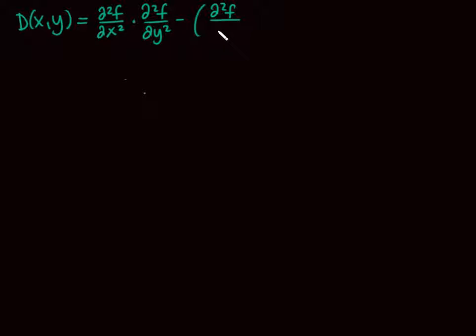So if you look on page 365, that shows the second derivative test, and we have this new function, D of x, y, which is the second partial with respect to x times the second partial with respect to y, minus the second partial of f first with respect to y then with respect to x, quantity squared.